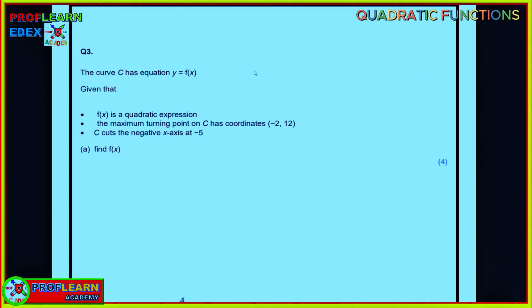I believe you remember when we were doing completing the square, if you have a into x plus b squared plus c, then you could use this completed square form of a quadratic equation to state the turning point.